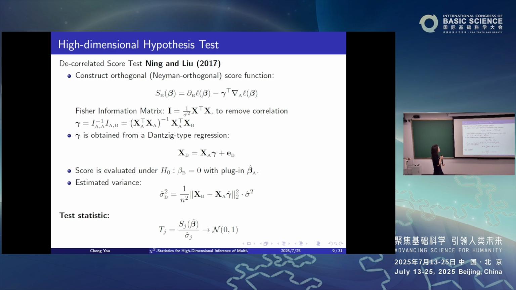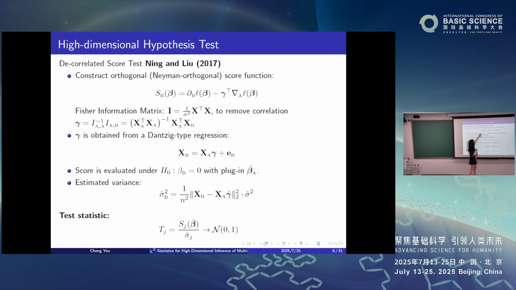So again, what they try to do is remove the correlation between score vector components. The idea is also very straightforward, because we know that for the score function, under the true model, the expectation should be 0, and the variance is the inverse of the Fisher information matrix.